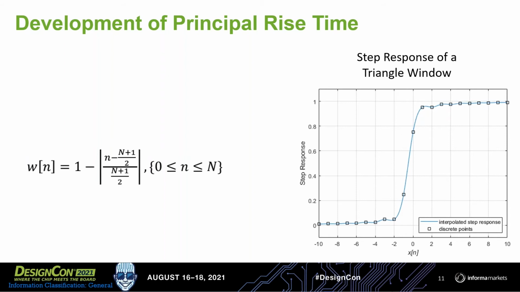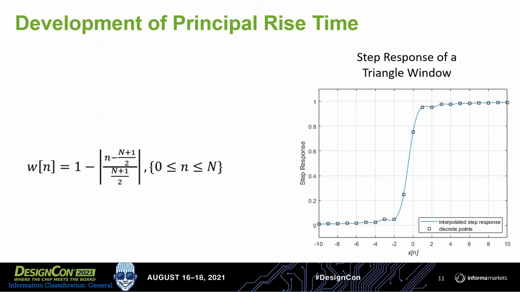So if we were to take the triangle window and give it some values in frequency, take the inverse Fourier transform of it, then integrate over the x-axis, we'll get a step response, and that's what we have shown on the screen.